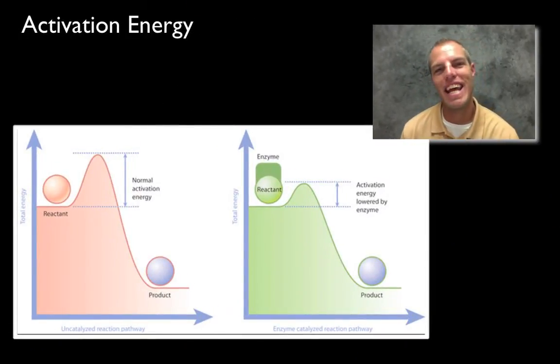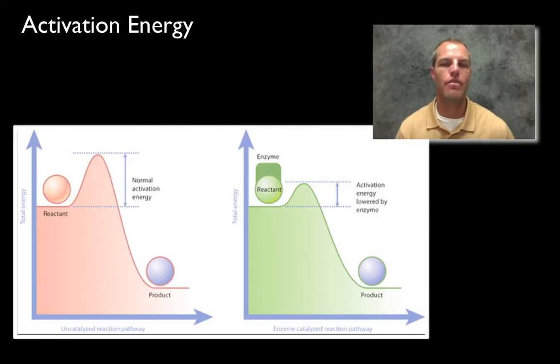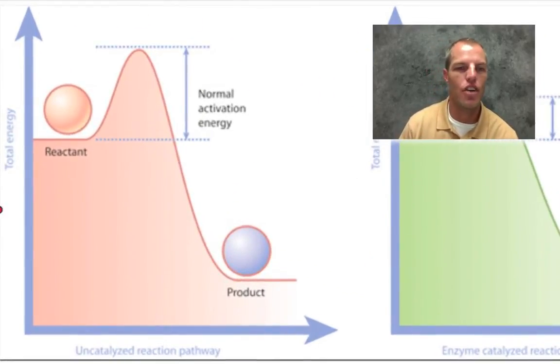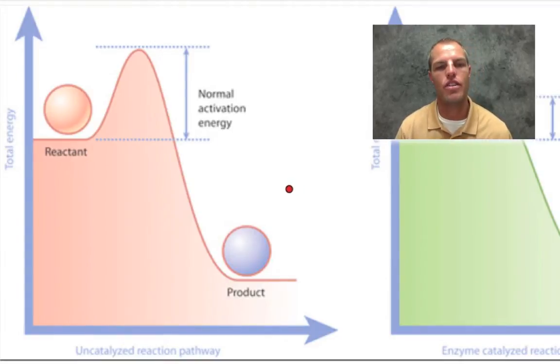To better understand this, we need to know the term activation energy. Activation energy is simply the energy needed for a reaction to take place. To understand how a catalyst works, let's take a look at this bottom left graph. This graph represents a normal reaction without a catalyst, so without an enzyme.